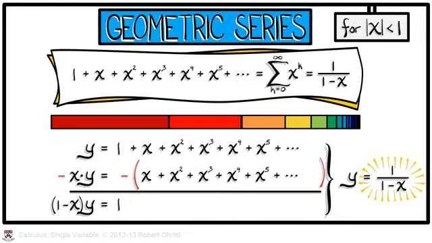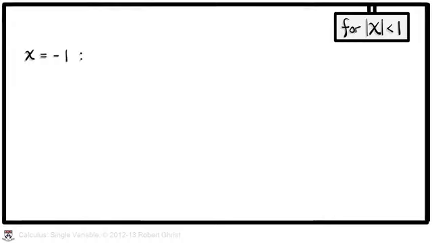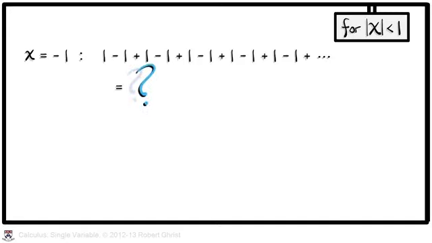Let's take a look at what happens at the other extreme. What if x equals minus 1? Is there really a problem here? Well, we would be asking for the sum 1 minus 1 plus 1 minus 1 plus 1 minus 1, etc. Maybe this does have a well-defined answer if we paired up the terms (1 minus 1) plus (1 minus 1).